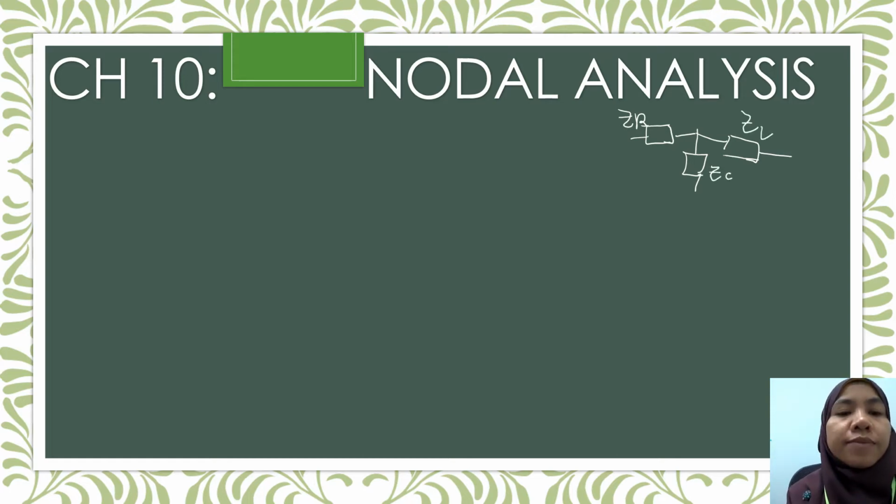So what are the steps we're going to take for chapter 10? Basically, first we're going to solve this nodal analysis. We need the phasor form.